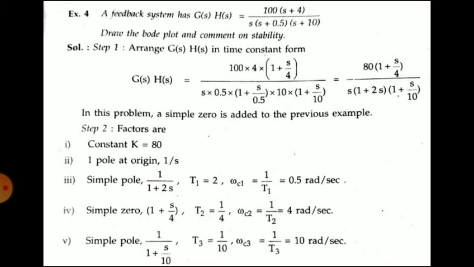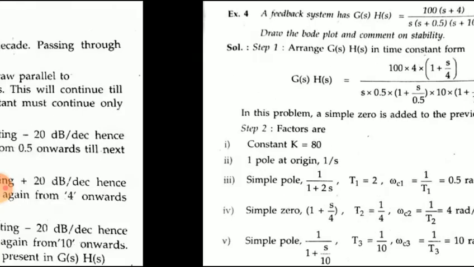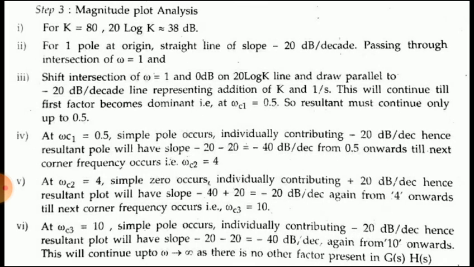Then one pole at the origin, that is 1 upon s. Then a simple pole, a simple zero, and a simple pole again. From that you can calculate the values of T1, T2, T3, and from that you will get the corner frequencies omega C1, omega C2, and omega C3. Then step 3, that is the magnitude plot analysis.